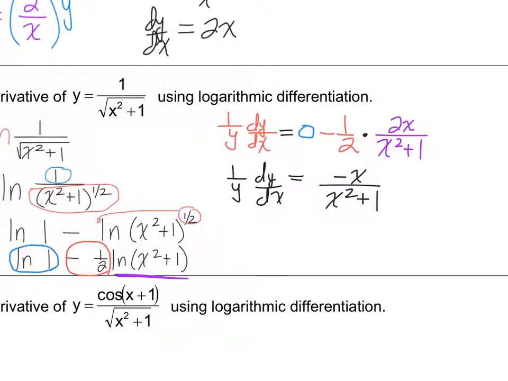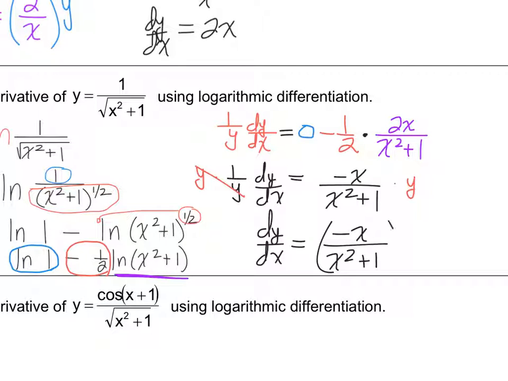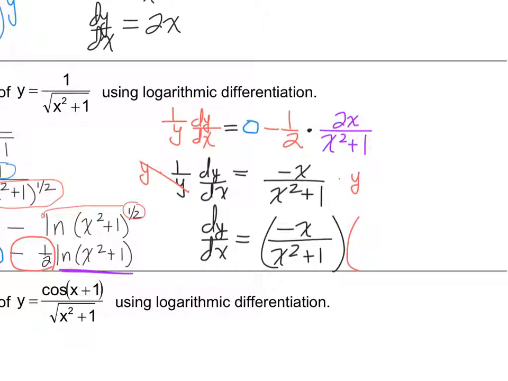I need to get the dy dx alone, so we multiply both sides by y. So I'm going to take what I have here in black, leave that alone, multiply it by y, but we know y is 1 over radical x squared plus 1. Boom, shakalaka.